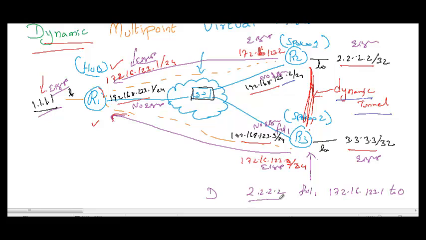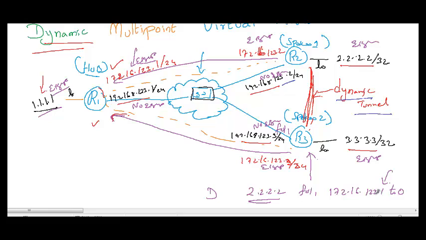But actually 222 is where? It is on R2. So instead of this number 1, I should receive 2, only then R3 can directly send traffic to R2. But by default, you will see the hub router's IP address as the next hop address. The reason is you learn this from the hub router, so you will find only the hub router's address.